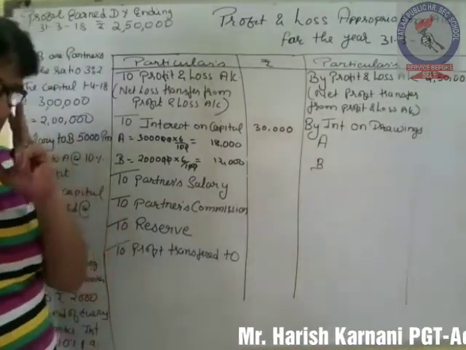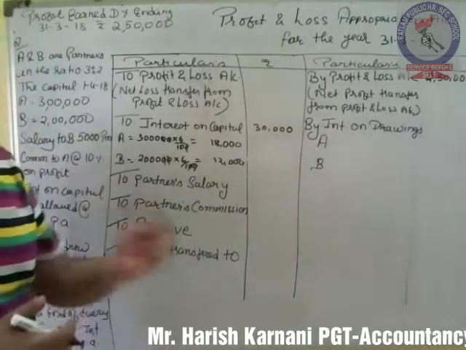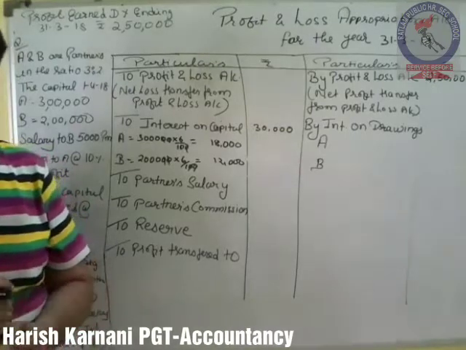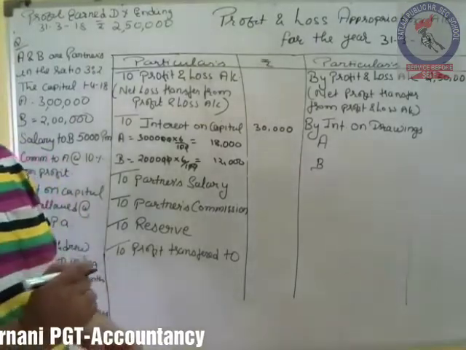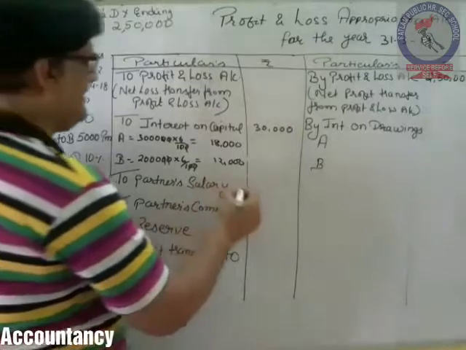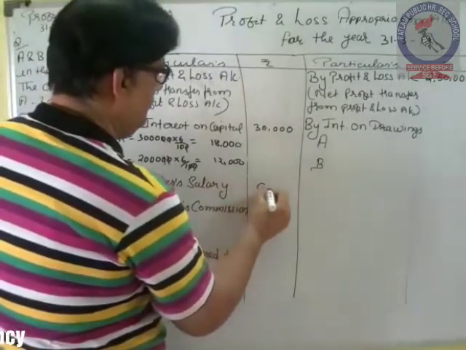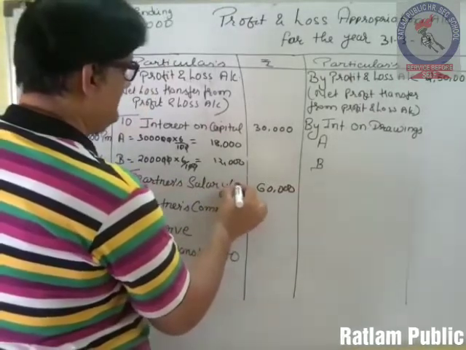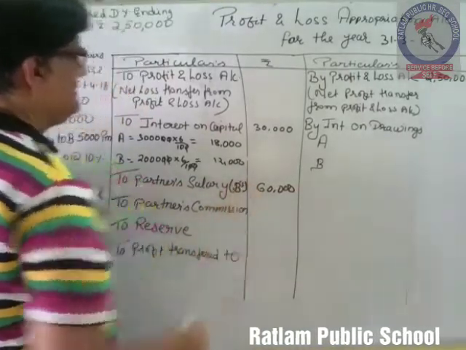Okay. Then it is said that salary to B is rupees 5,000 per month. One month's salary is 5,000. So 12 months, 12 into 5, that is 60. So 60,000 is the salary which will go to B. Two partners' salary, that is B's salary 60,000.